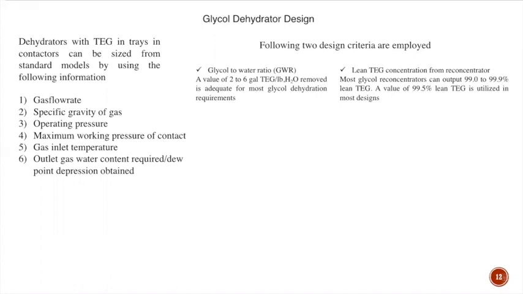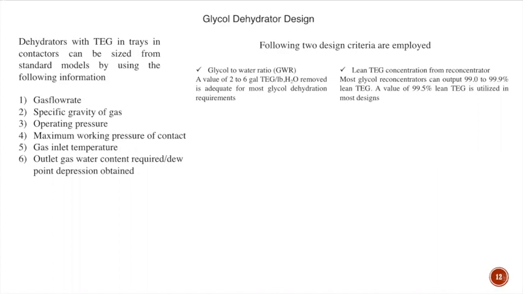Now, once you talk about glycol dehydration design, you have two different criteria which need to be employed. Number one is the requirement of TEG, right? Suppose you want to remove 1 pound of water, you need 2 to 6 gallons of TEG. This is basically an absorption process where the water molecules are absorbed in the glycol molecule because of its special affinity towards water, right?